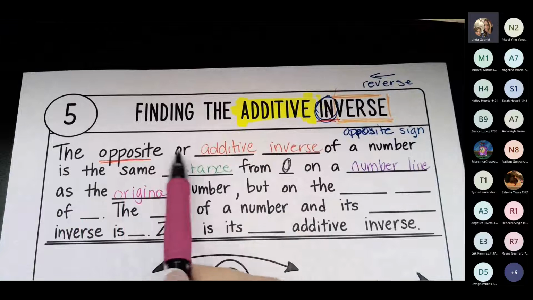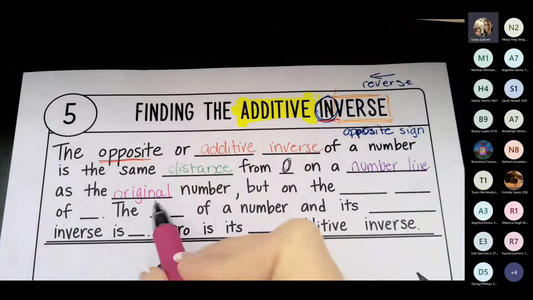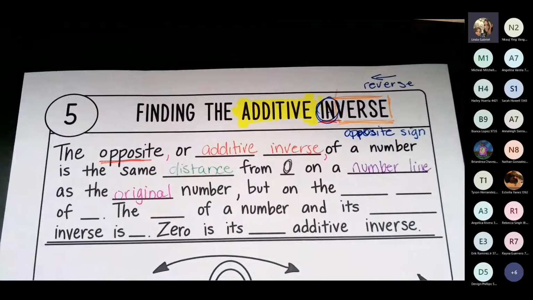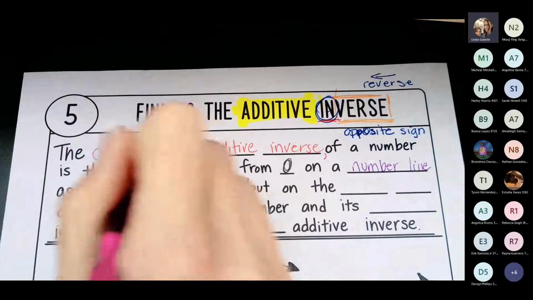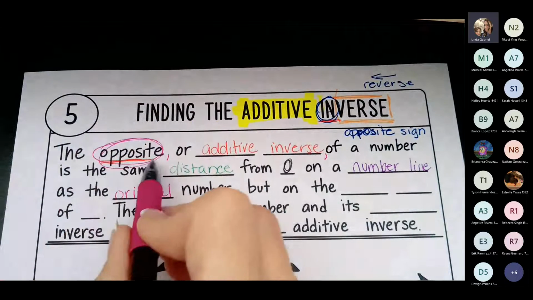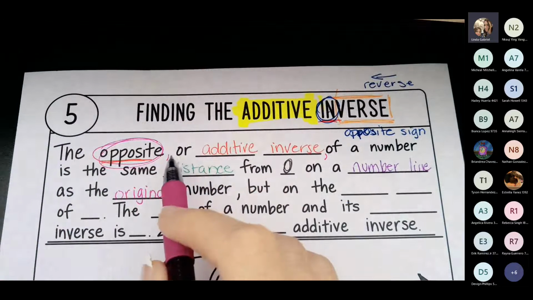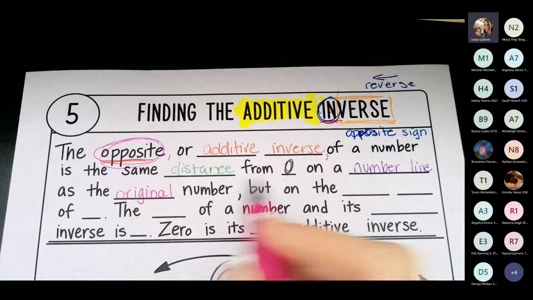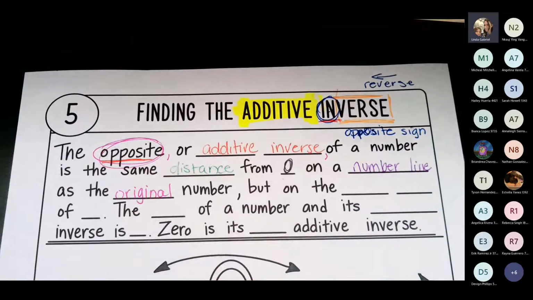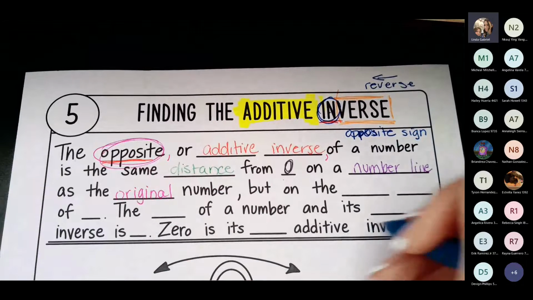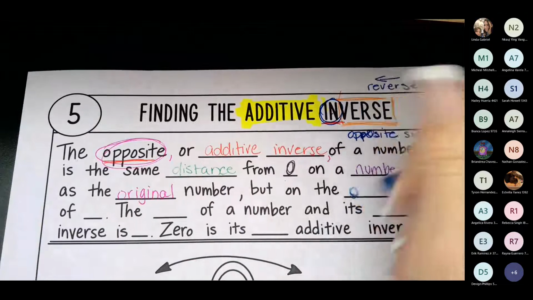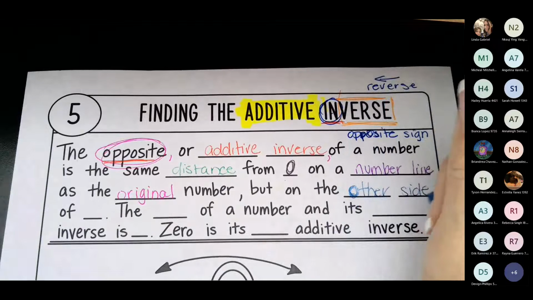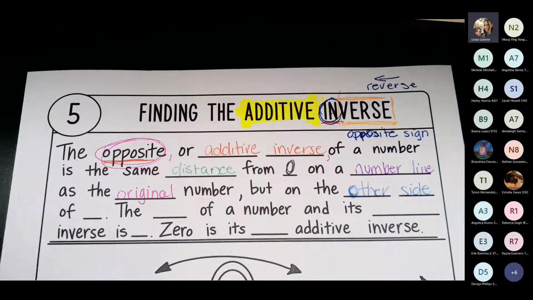The opposite, or additive inverse, of a number. So when we see the "or" right here, there should actually be commas there. It's telling us that the opposite means the same as additive inverse. So the opposite of a number is the same distance from zero on a number line as the original number, but on the other side of zero.